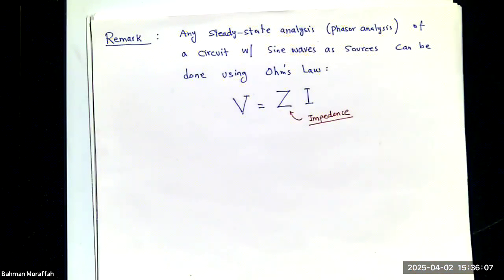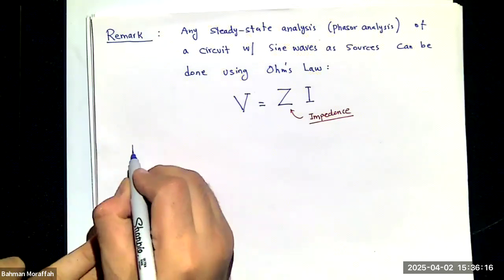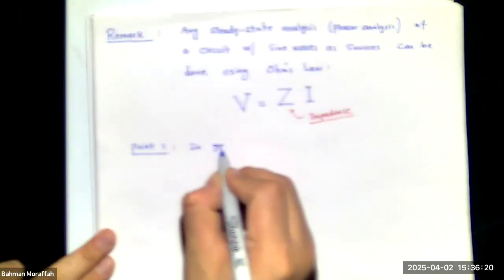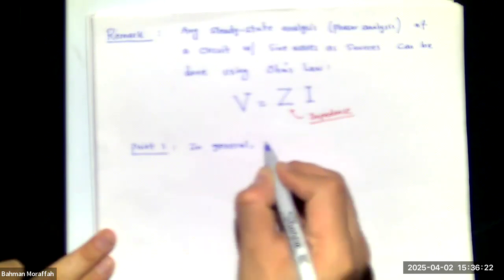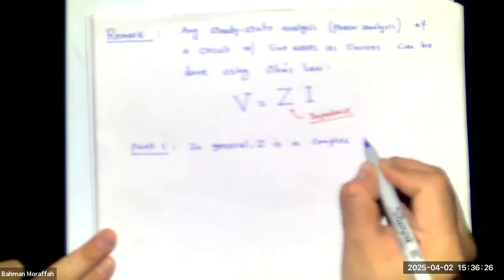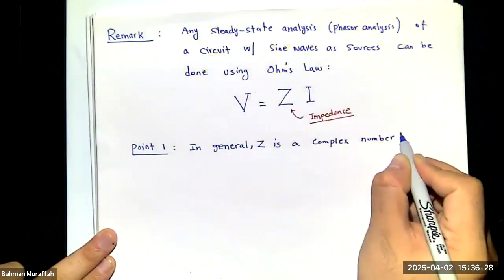In general, this impedance is a complex number. So point 1, in general, Z is a complex number.